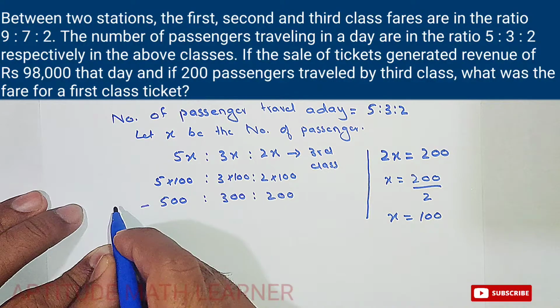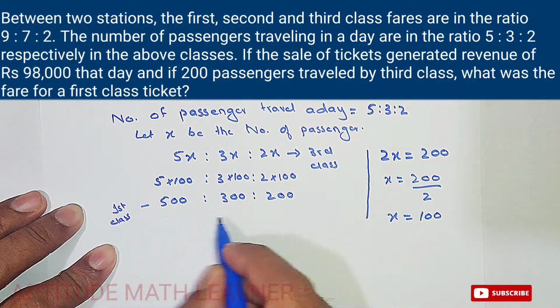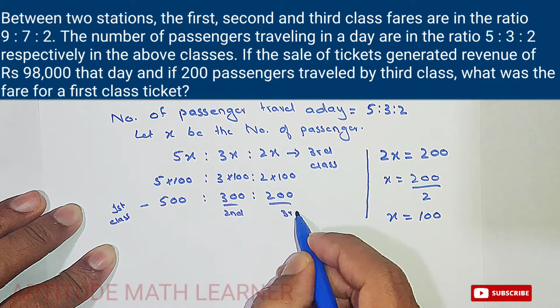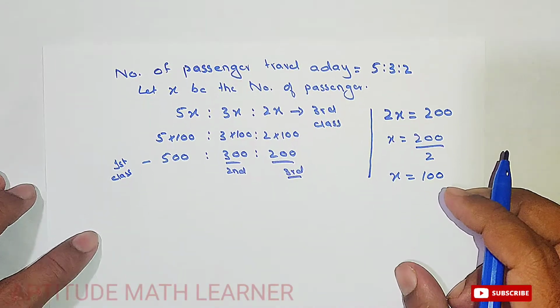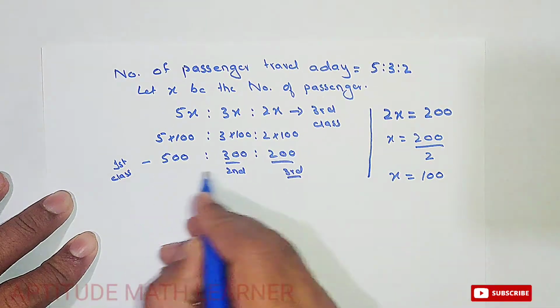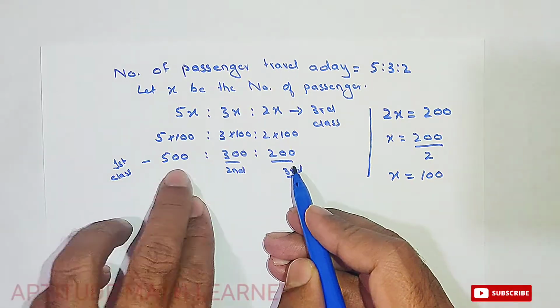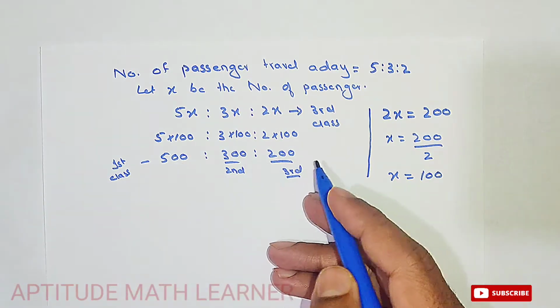This is for first class, second class and third class. The total number of passengers is 1000.